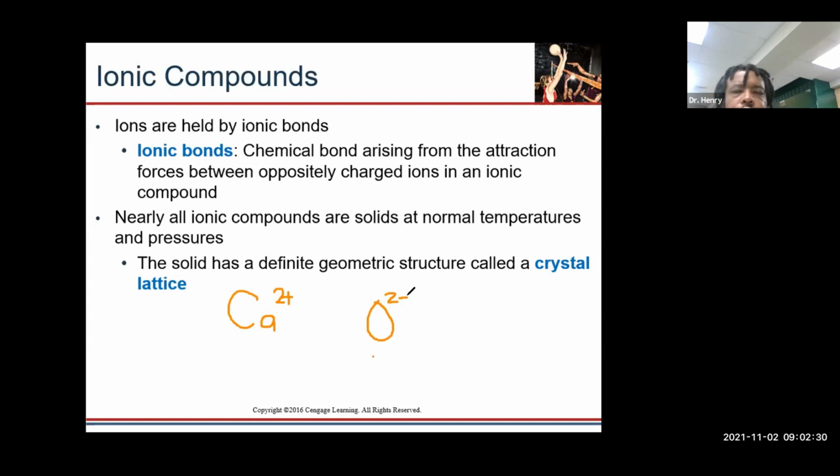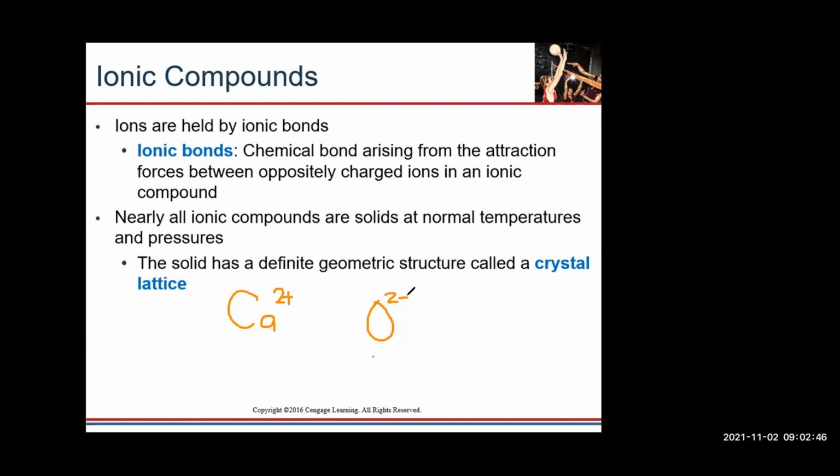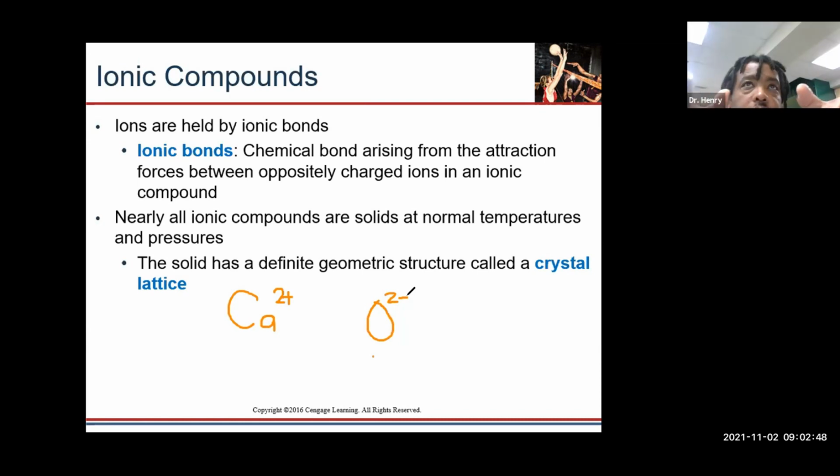So what happens when you have a positive charge and a negative charge? Bring it close together. Have you guys ever played with magnets that are polar, meaning that they have a positive end and a negative end? Okay. So if we put 2 positive ends together, what happens?